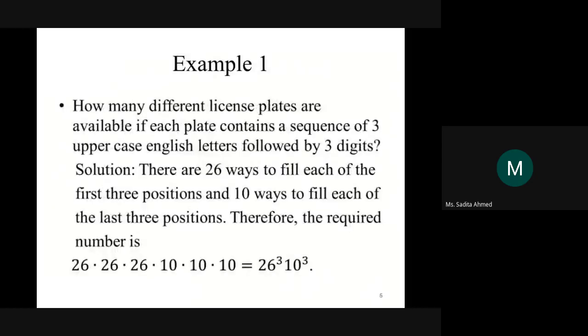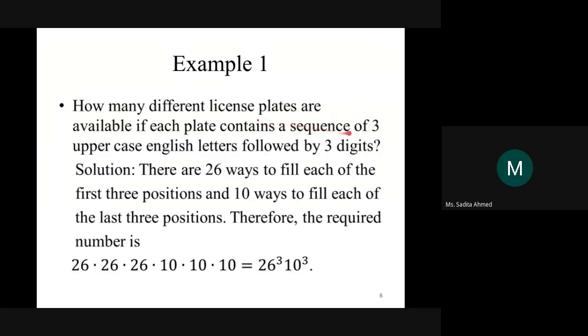So let's do an example. Here we are asked to find out the total number of license plates that could be formed, where a license plate is constructed with a sequence of 3 uppercase English letters followed by 3 digits. So if you think about this process, you basically have to fill up 6 positions, right?